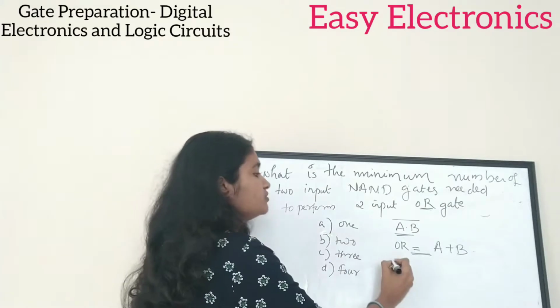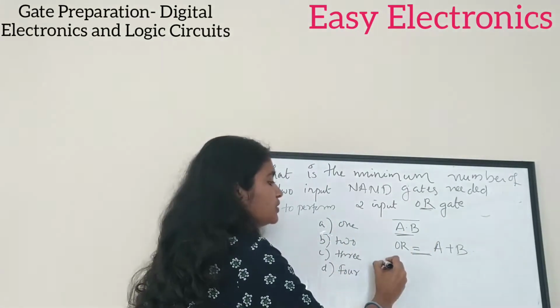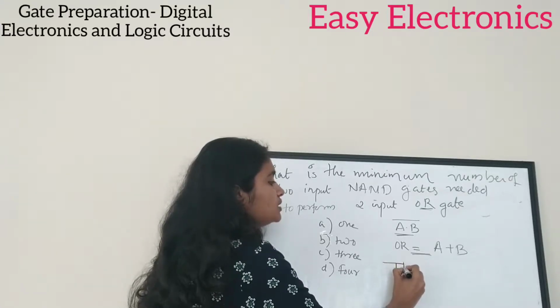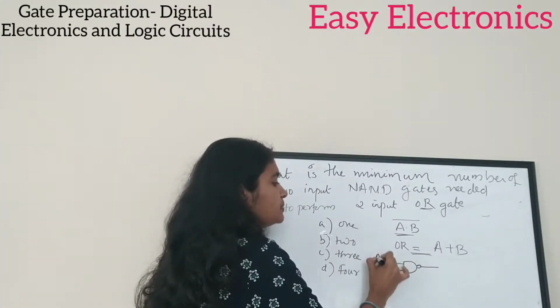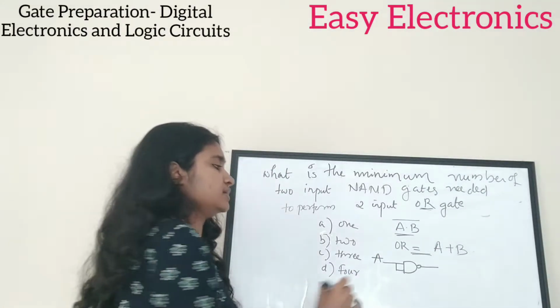So first you need 2 inputs. I'm going to take a NAND gate and short the inputs of the NAND gate, and I'm going to apply my first input, A, to it.